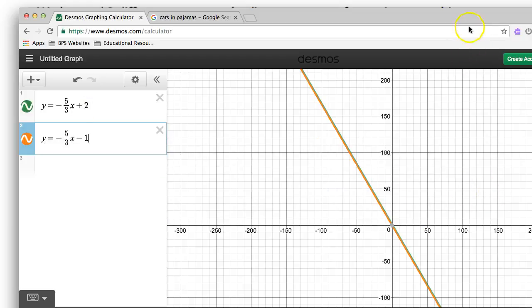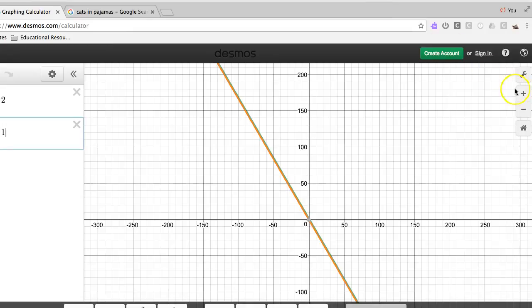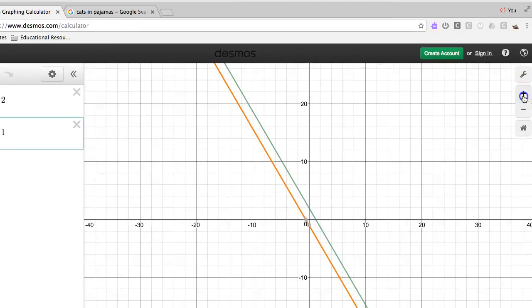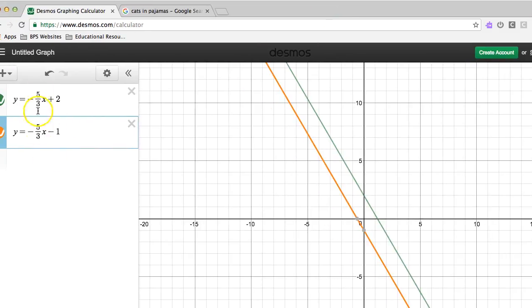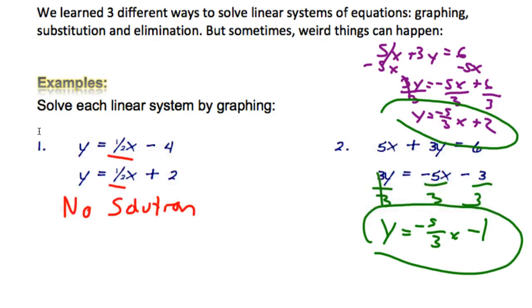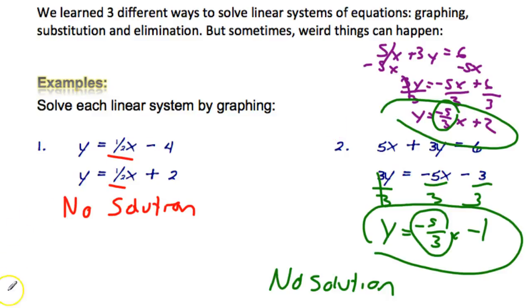I'm looking at that. Let me zoom in a little bit, see if those are actually touching up. So these lines, they look like they're never going to touch. They have the same slope, so they are parallel, just like the last one. So number 2 is also no solution. And I can know this without even graphing because they have the same exact slope and they are parallel.